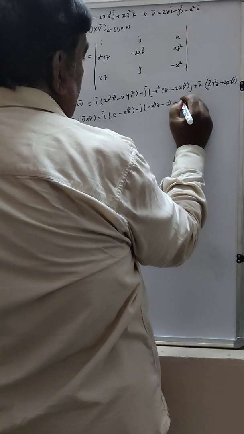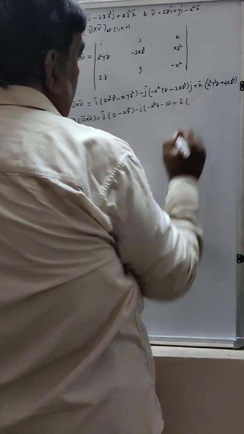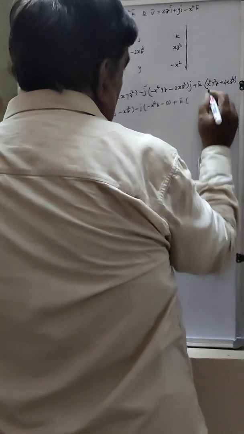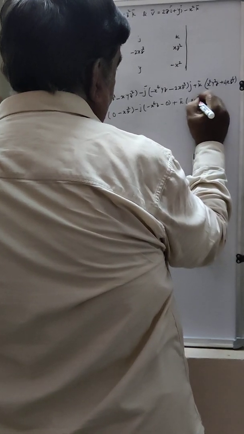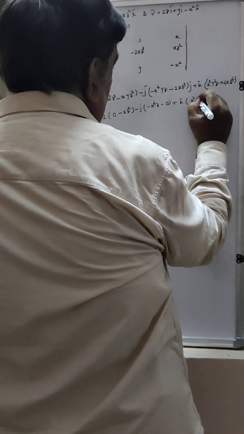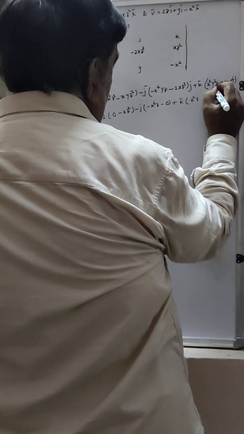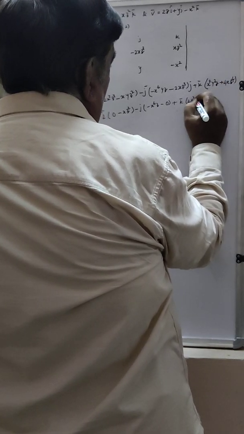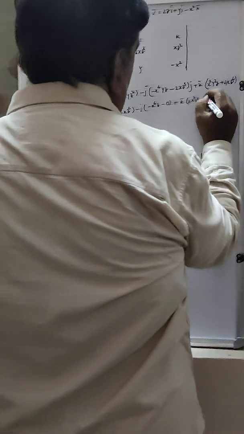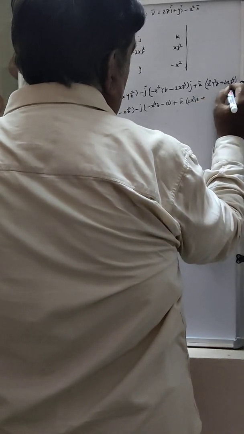Plus k vector: x square z is constant with respect to y, derivative of y square is 2y, and the other term is constant.